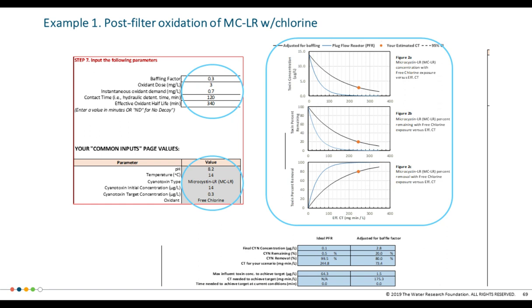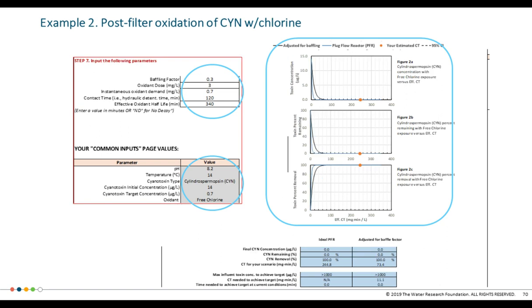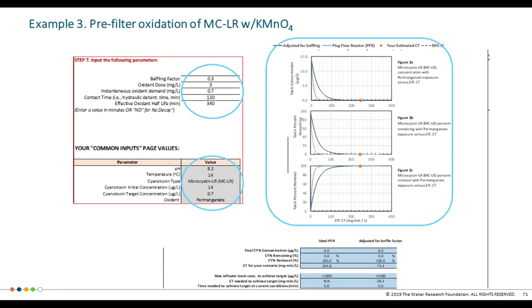And you can see the results then on the right, presented in a number of different ways. The top one is the concentration in micrograms per liter, and we see it drops down to about 3.5 micrograms per liter. If instead, with everything the same, same conditions, same contactor, but it's cylindrospermopsin, you see we get much better removal, and quantitatively it's less than the 0.0. Now, there are the results there.